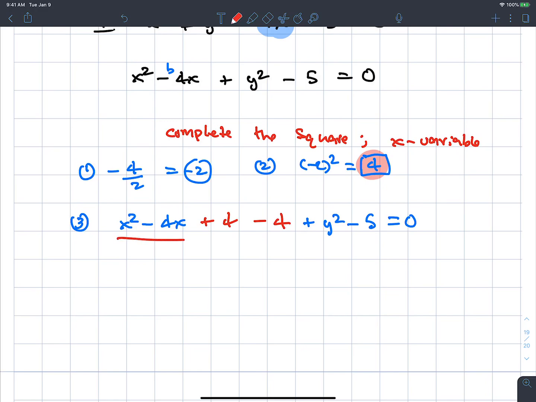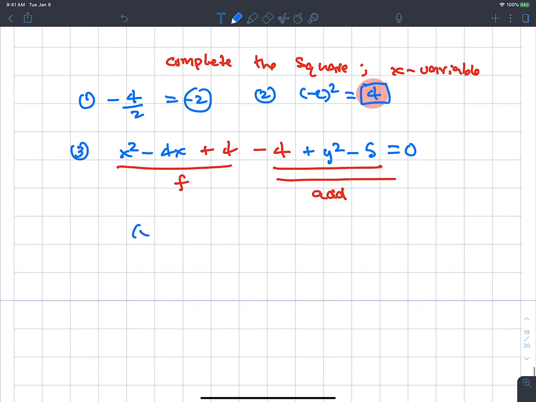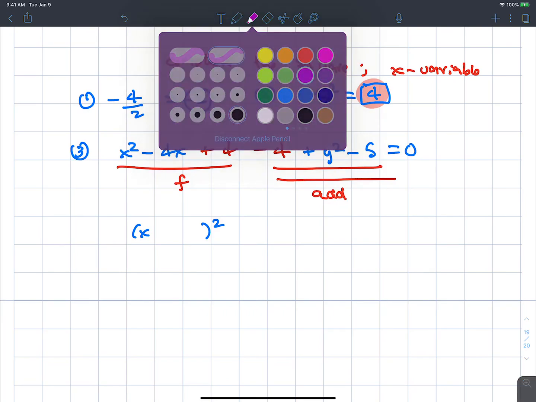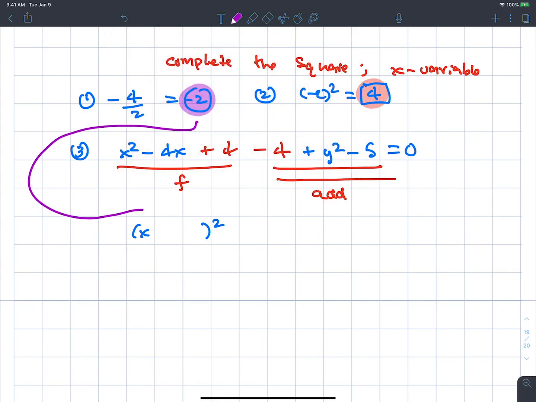And yes, the first three terms we factor, and the last 2 we add, but we don't really factor when we complete the square. X squared, right? I'm going to find purple, that negative 2, the value found in step 1. So negative 2 goes over here.